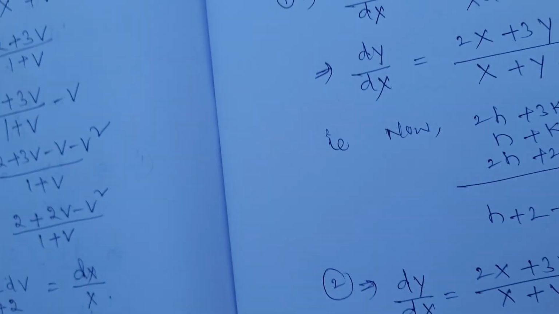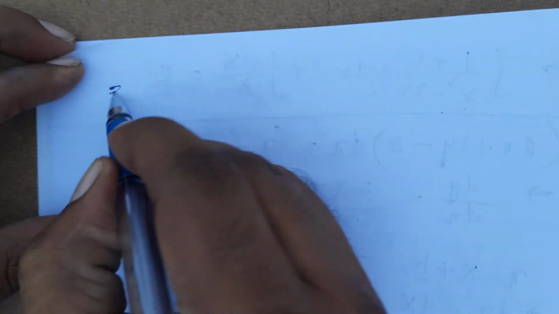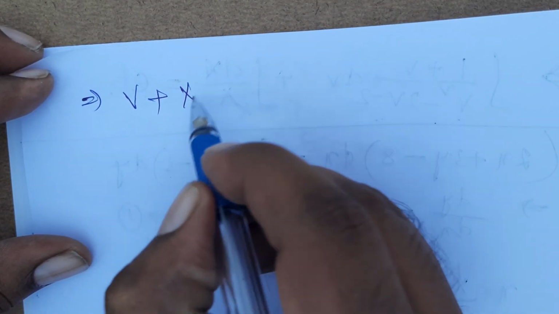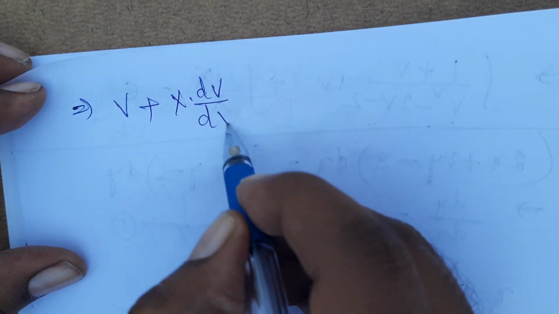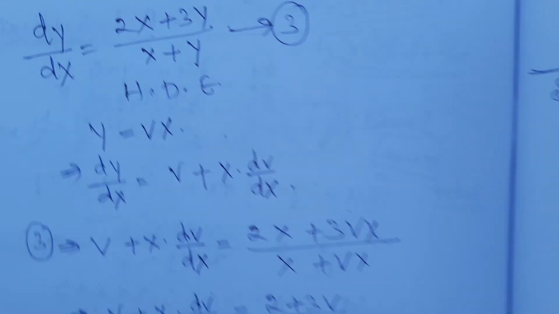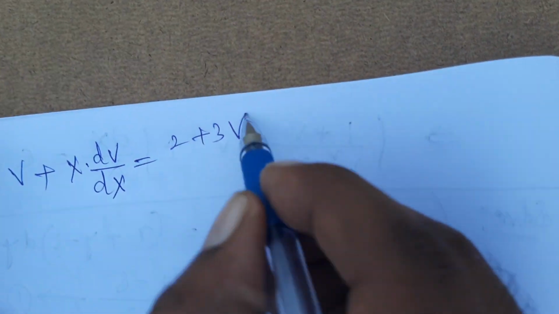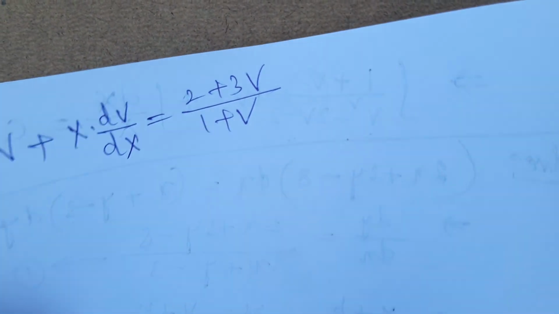Now with this equation, v + x dv/dx = (2 + 3v)/(1 + v).